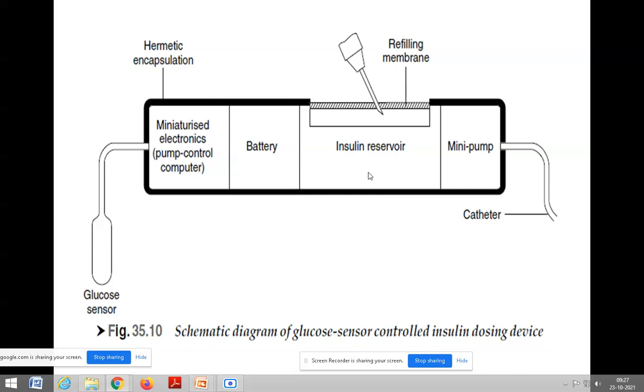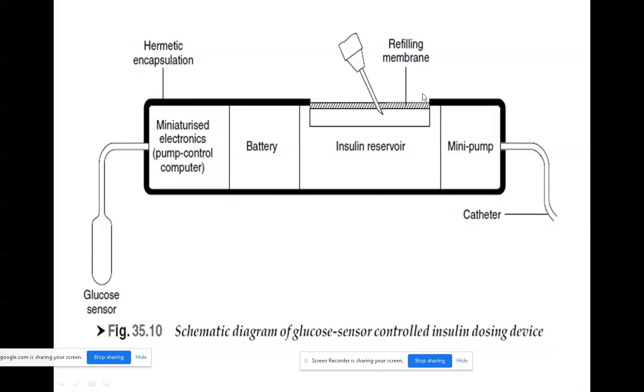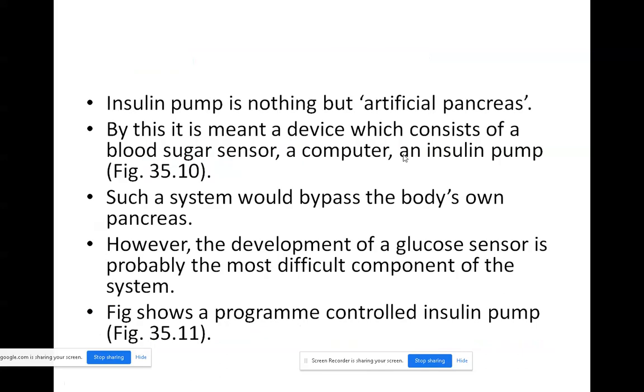Through this, insulin is injected through the mini pump into the catheter, and then penetrates into your body. This is the refilling membrane, meaning you will refill the insulin through the refilling membrane whenever it runs out.